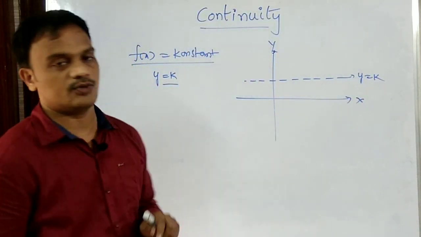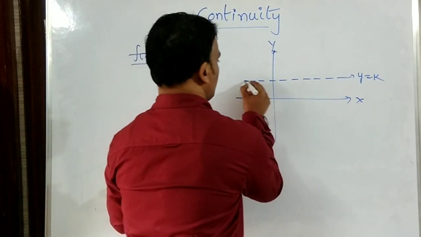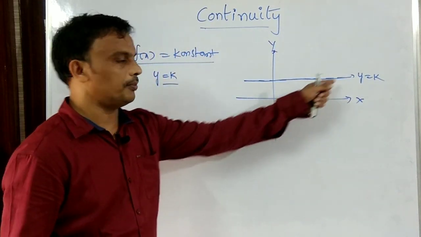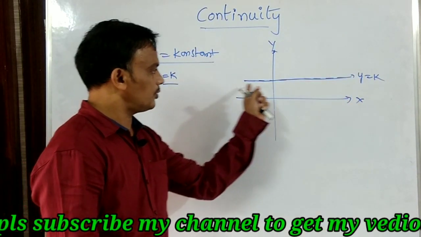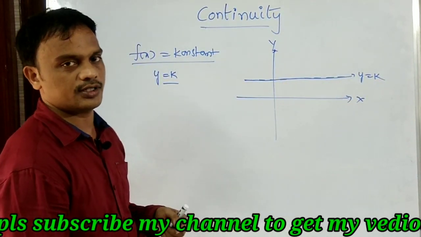Graphically, how can you decide whether it is a continuous function? If you draw the graph of the given function and do not get any breaks, drawing it continuously, then you can say it is a continuous function.